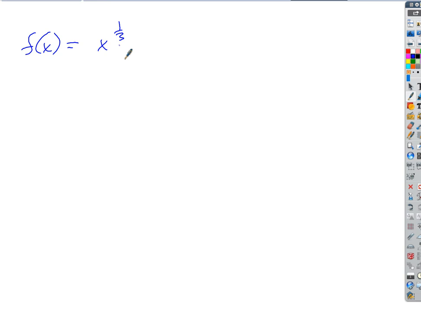Let's calculate the derivative here. This is not a piecewise function, so we don't have to be all fancy and calculate the derivatives from the left and from the right. There's no obvious sharp corner in this one.